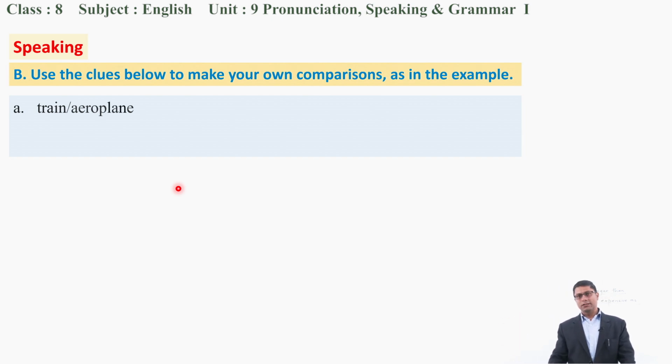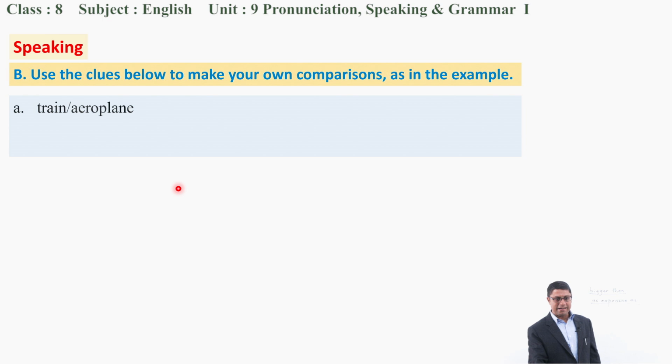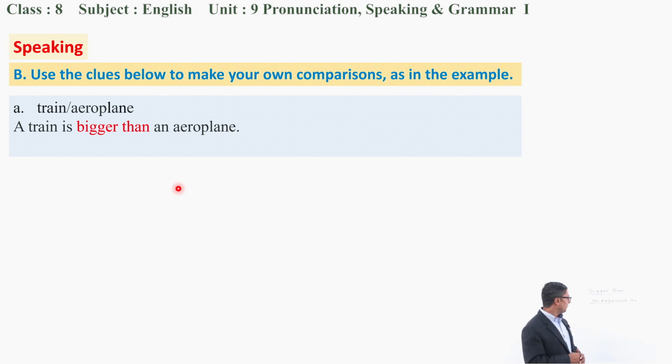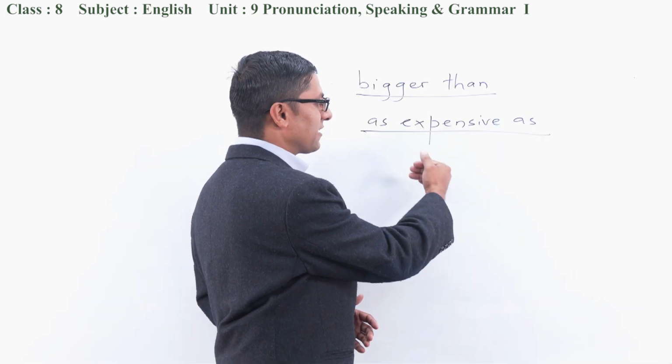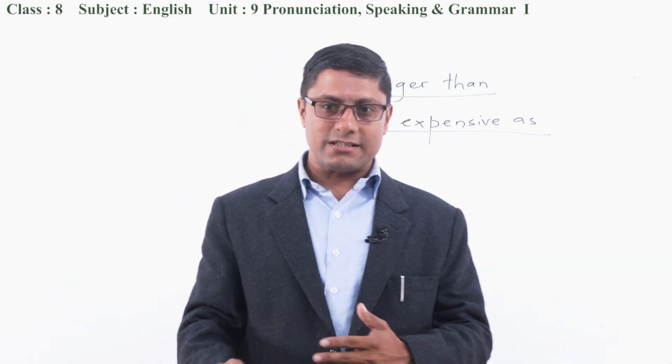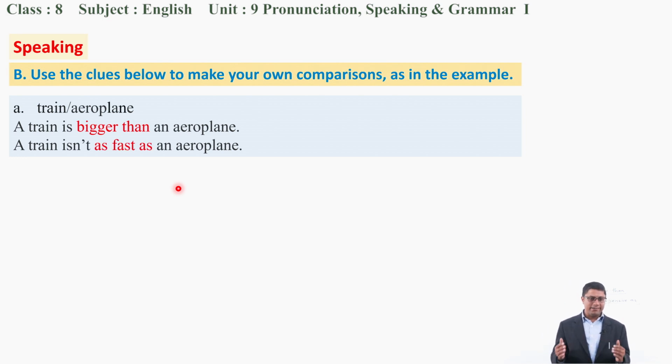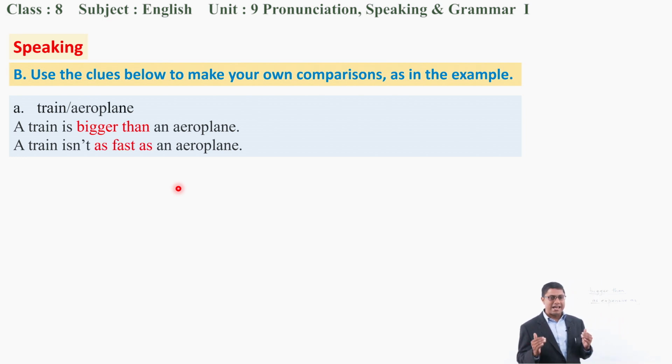All right, that's fine. A train is bigger than an aeroplane. That's fine. Now in the second one you will be using as adjective as. How do you compare using as between a train and aeroplane? A train isn't as fast as an aeroplane. That's very good.